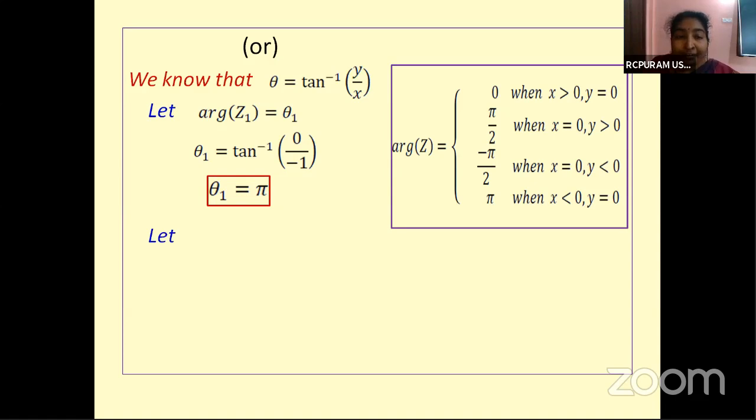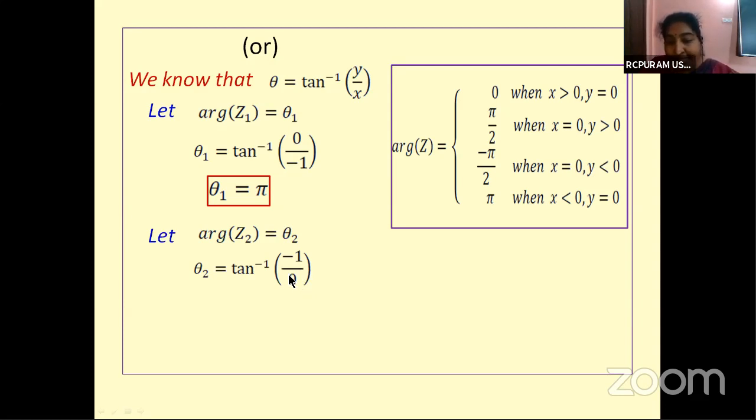Then we take argument of Z2 as theta 2. Then theta 2 will be tan inverse of, our y value is minus 1, children, isn't it? Minus i is our Z2, which means 0 plus i into minus 1. So x is 0 and y is minus 1. So theta 2 is equal to tan inverse of minus 1 by 0.